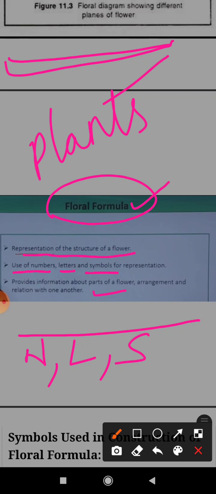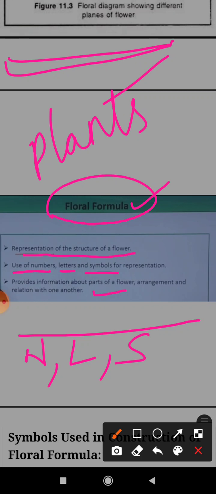Now if you remember, initially in the beginning of the lesson, we talked about the parts of the flower. We talked about the bracts being present, then we talked about the sepals, petals, what are the conditions, whether they are fused, whether they are free, right?